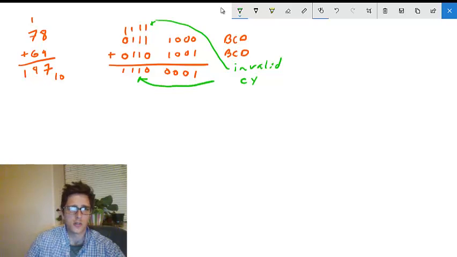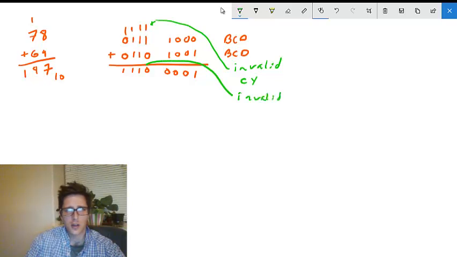And actually, I don't want to draw it like that because I want to have room to work, so I'm going to go from above. We'll look at this right here. It is invalid because it's greater than 9. Okay. So in both these cases, what we can do is add 6.